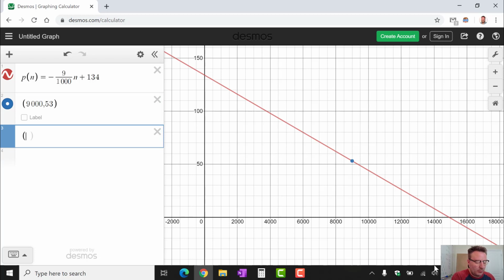We also knew that at a production quantity of 10,000, the shirts could fetch a price of $44. Yep, that green dot is also on the line. So what that means is that the equation of the line that we computed is correct. It satisfies those two data points. So we're good.